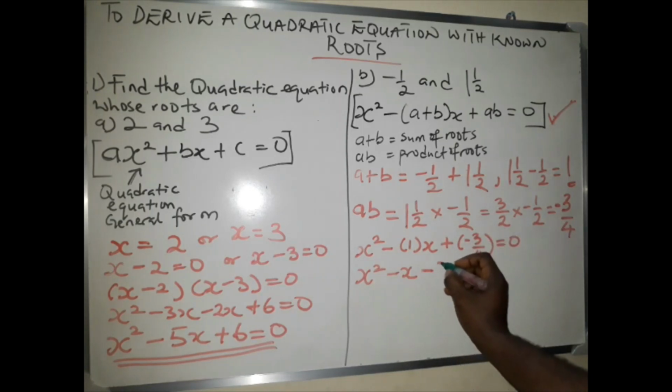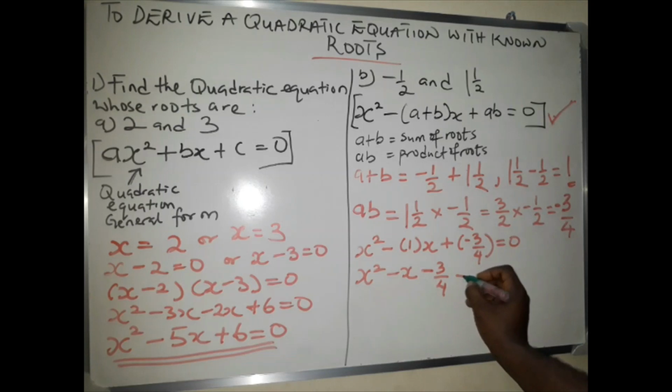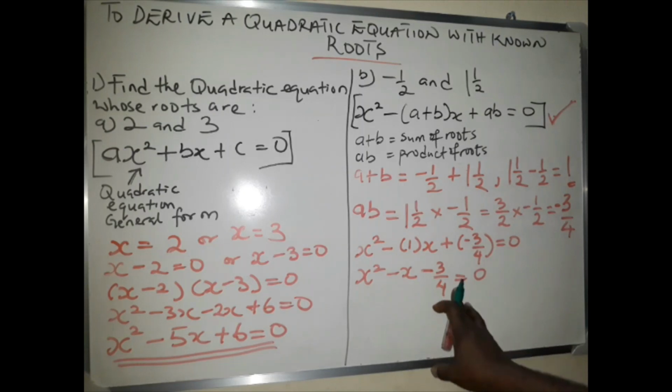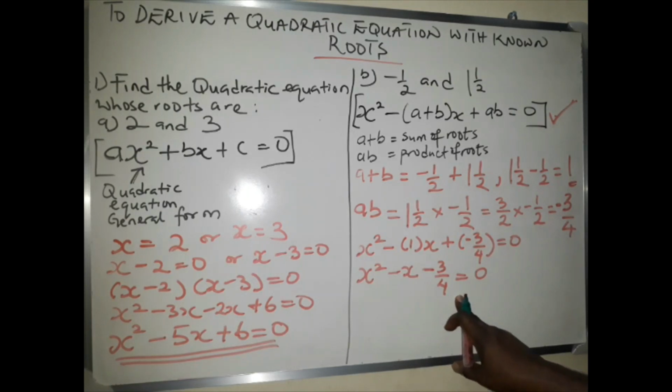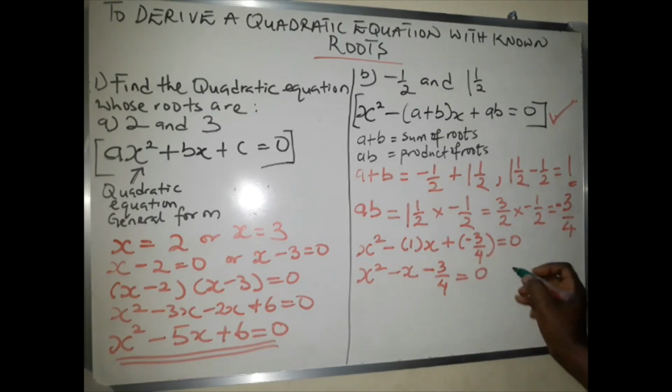Minus. So it's now minus 3/4 is equal to 0. Now you can see that we have a fraction for a constant, which will not go very well. So we have to eliminate this fraction in this constant.